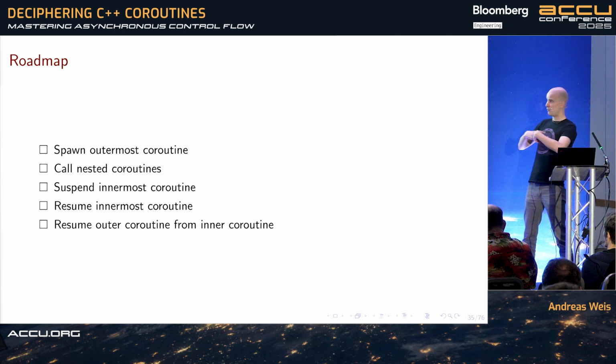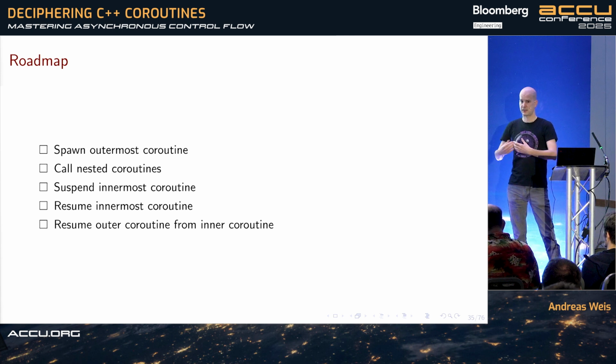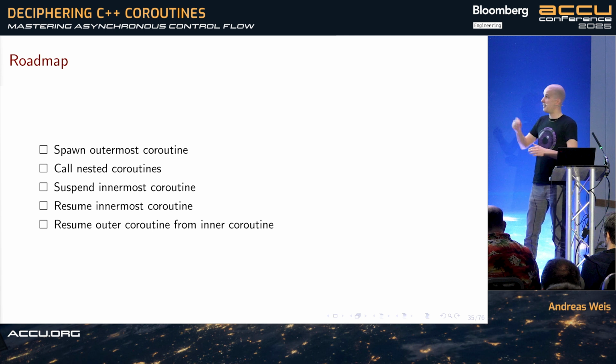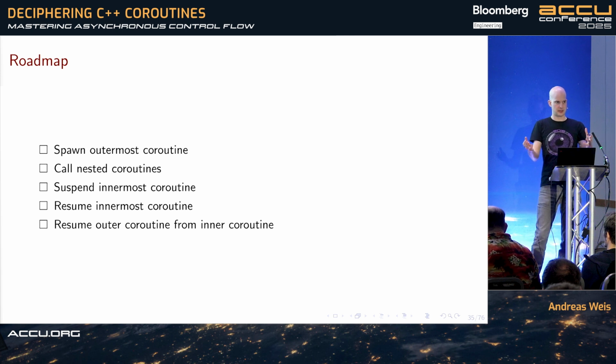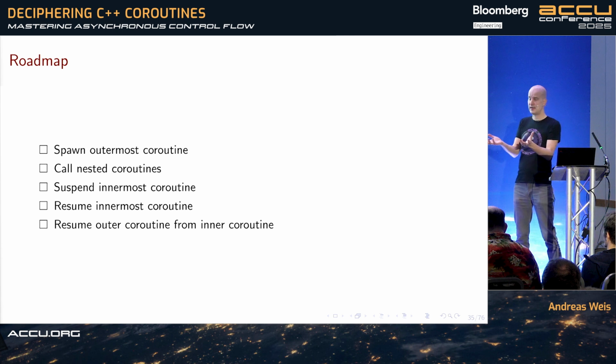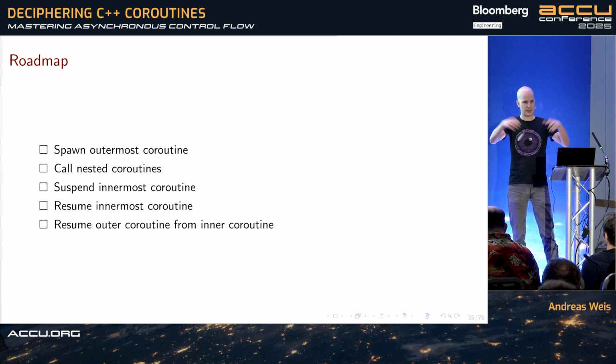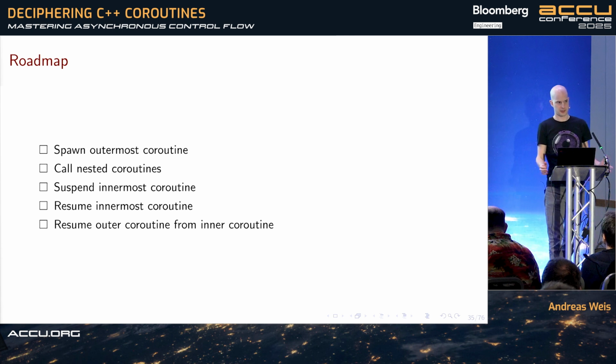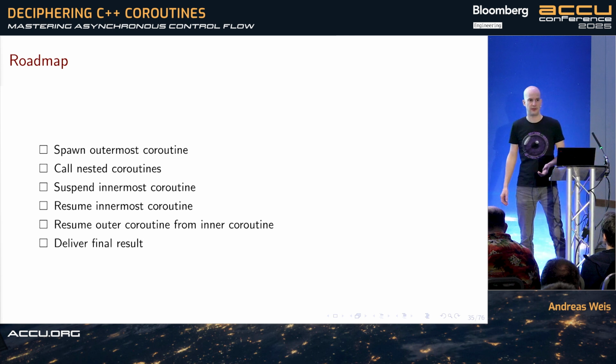Only once that innermost coroutine has completed, once it returns or falls off the end, does that resume the next layer, its caller, the next outer coroutine. I go through these layers one by one until I've exhausted the complete asynchronous call stack. And then I have to deliver the final result.